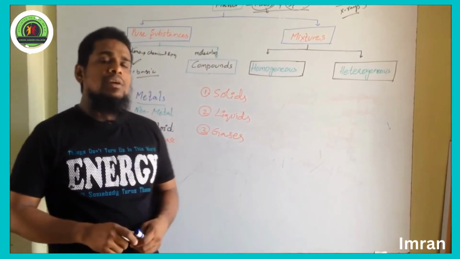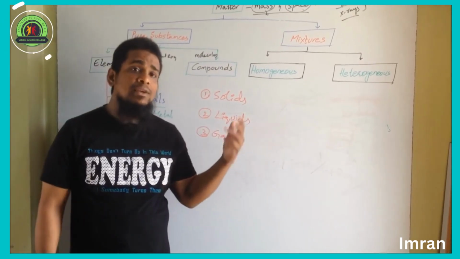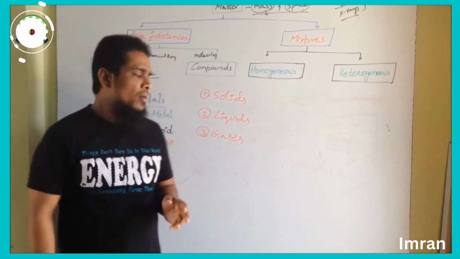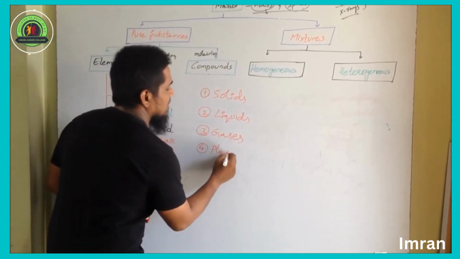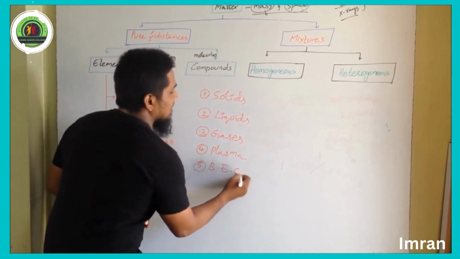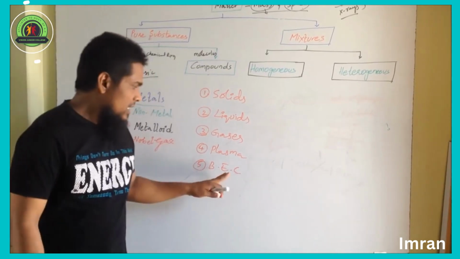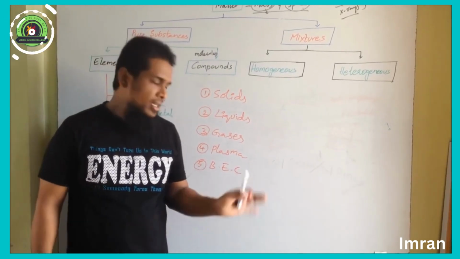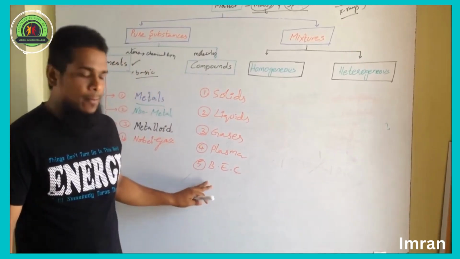And I would like to mention here that there are 2 more states of matter. One is the plasma state, which is called the 4th state of matter, and the 5th state is Bose-Einstein condensate. Bose, Satyendranath Bose, our Indian scientist, and E stands for Einstein and C stands for condensate. So this is the 5th state of matter.